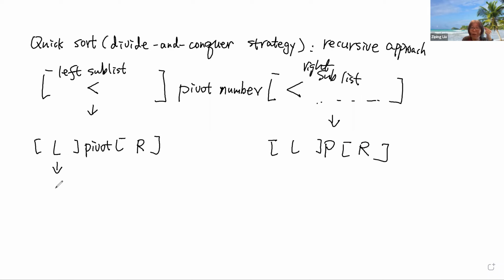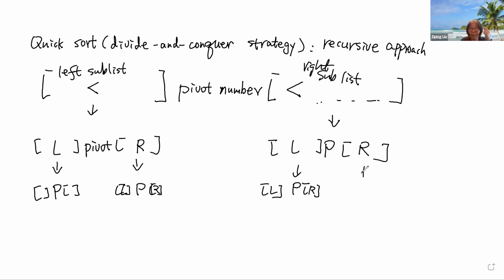Same thing here: a pivot number, then a left sublist and a right sublist. For each of the sublists, you do the same thing: pivot number, left sublist, right sublist.